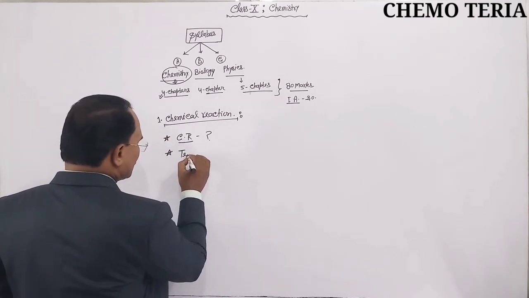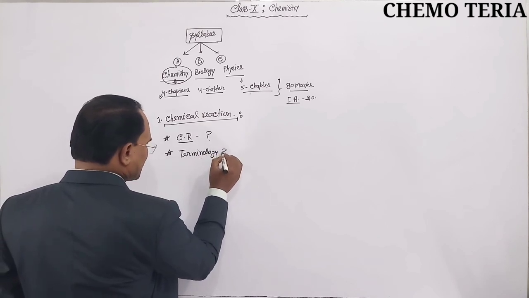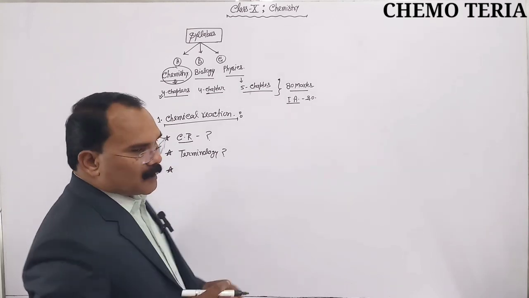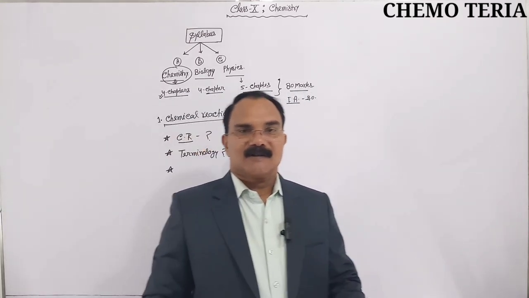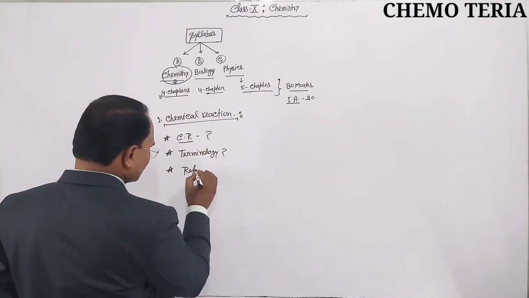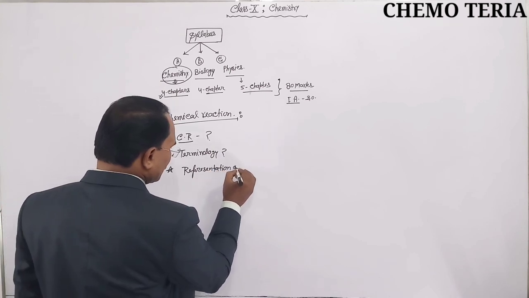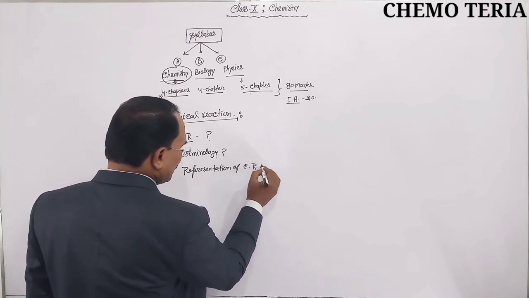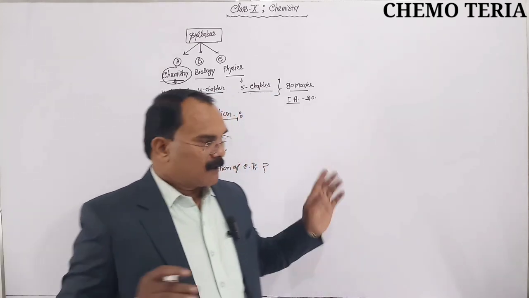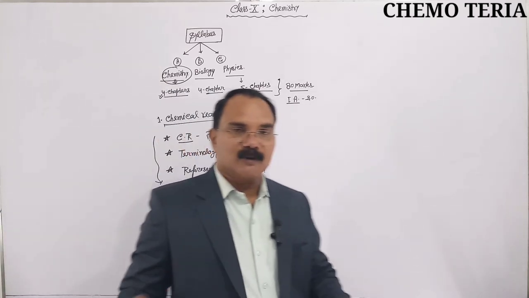Then the third part: how the chemical reaction is expressed, that is, the representation of a chemical reaction, how it is represented. So in this session we will have the explanation of all these things. So let me start this video session.